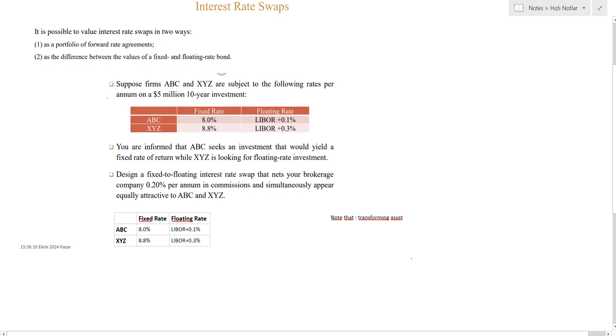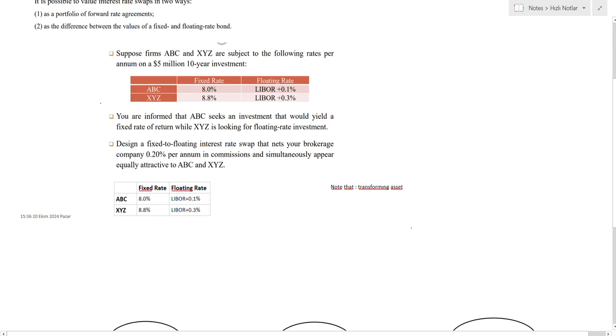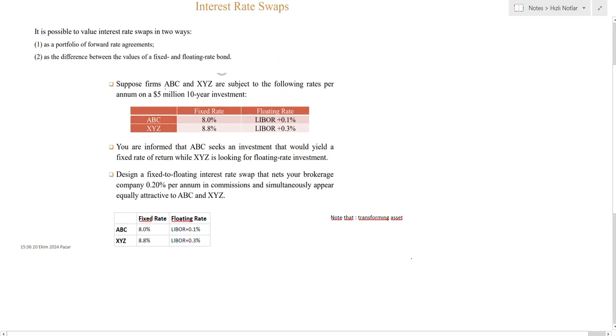So after this question, you will have an idea how the swap can be designed. Then let's start. So suppose firm ABC and XYZ are subject to the following rates per annum on a $5 million 10-year investment.